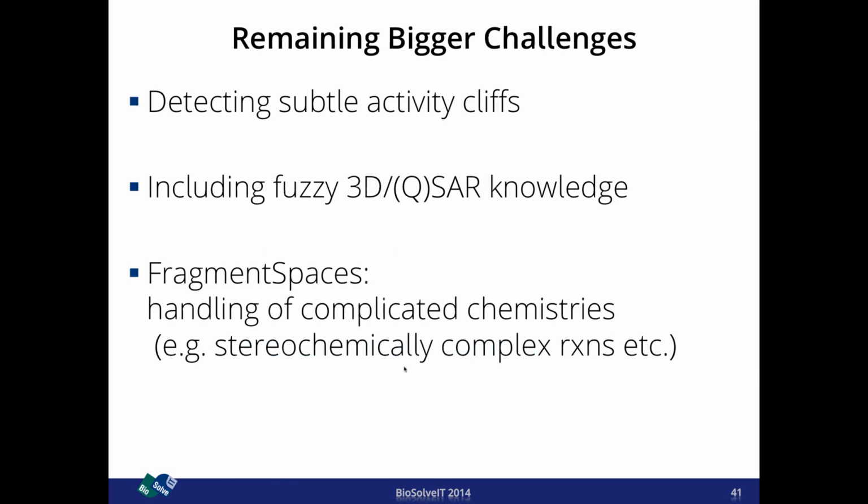The remaining bigger challenges to close this section here. Of course, it's still not always easy to detect subtle activity cliffs. It would be very nice to even better include existing knowledge, 3D SAR knowledge somehow, and of course fragment spaces have certain devils here and there in detail sometimes.